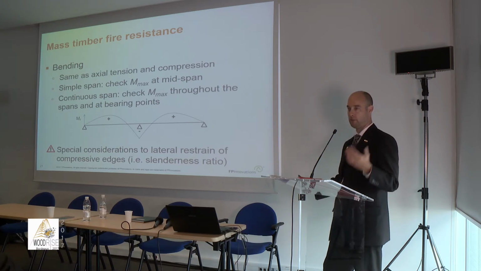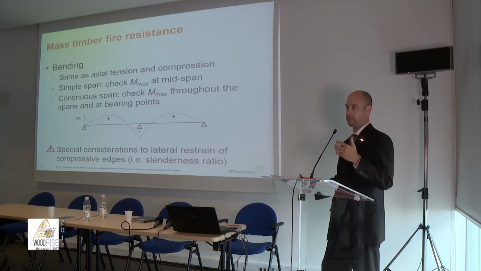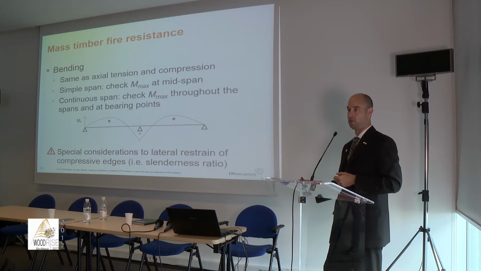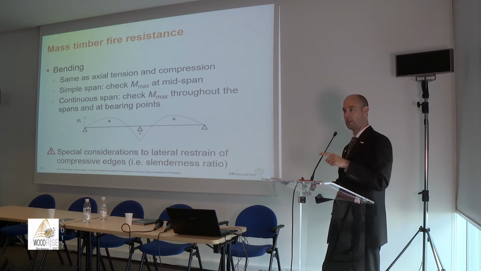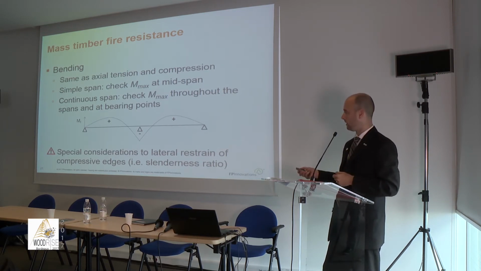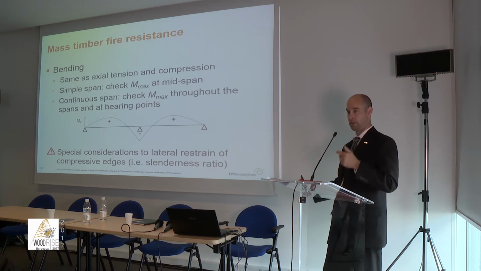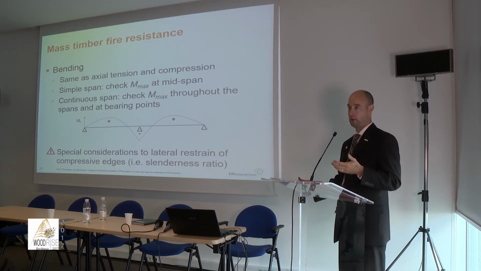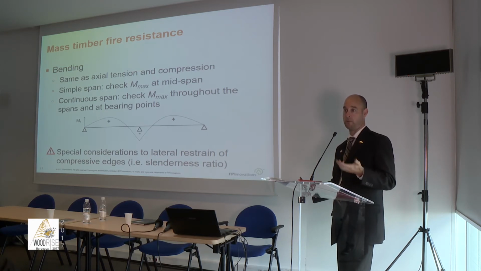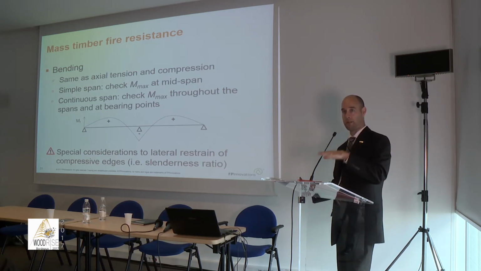Beams, same thing. If you have a simple span beam, it's essentially the same thing to check. Maximum bending moment will be at mid-span. But if you have a continuous span, then it might be more tricky, and you'll have to double check at different places, the same as you would for normal design. Also, a special consideration: when we do a structural analysis of a bending member, we typically presume that the top element subjected to compression is restrained.